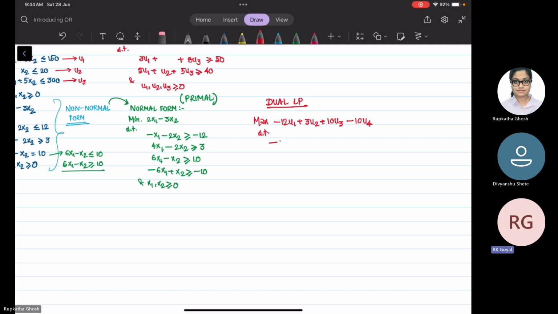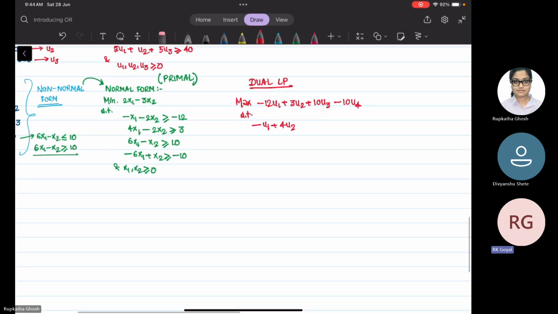And such that the constraints would be minus u1 plus 4 u2 plus 6 u3 minus 6 u4 less than or equal to 2. Very good. Same thing, minus here also. And u1, u2, u3 and u4 greater than or equal to 0.